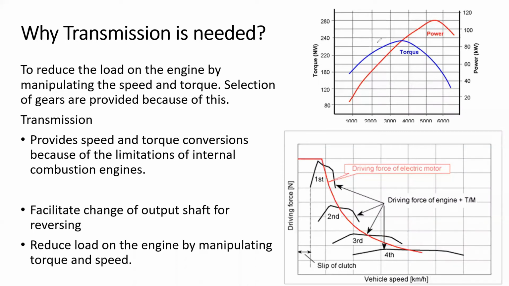Anyways, the torque curve of a normal internal combustion engine is very similar to this, right? The torque curve is somewhat like this, and the power curve is similar to the one shown in red. The torque is what the engine delivers.